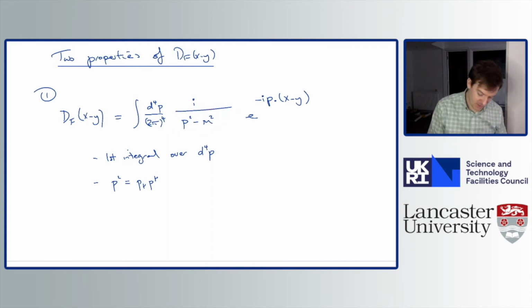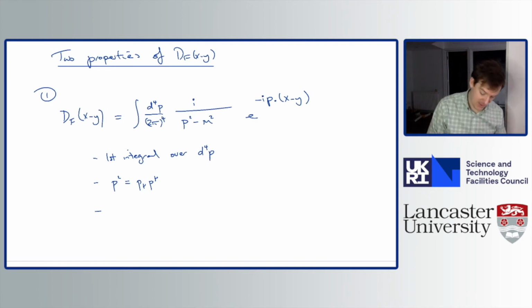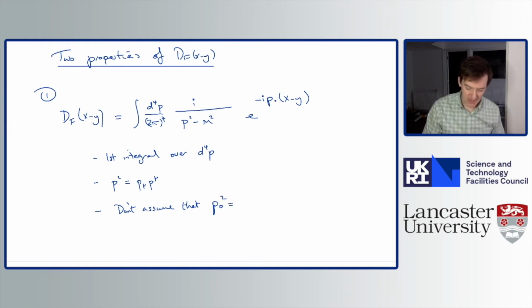But we don't, because what we assume in this form is that we now treat the four-momentum components independently. We don't assume that the zero component squared, p naught squared, is E_p squared, or sometimes written as omega_p squared, which is the magnitude of p squared plus m squared.